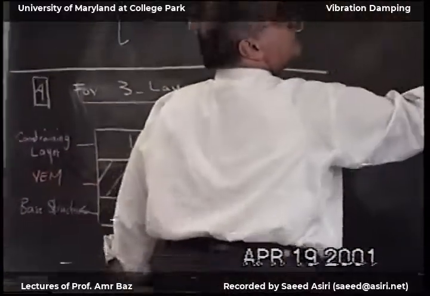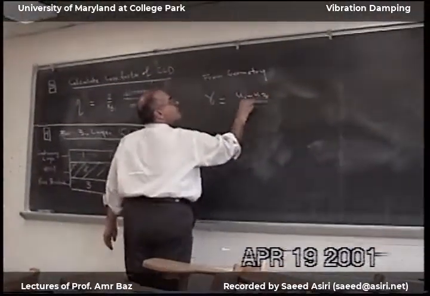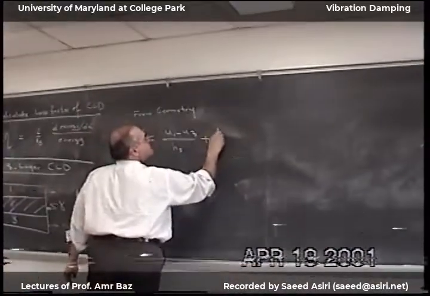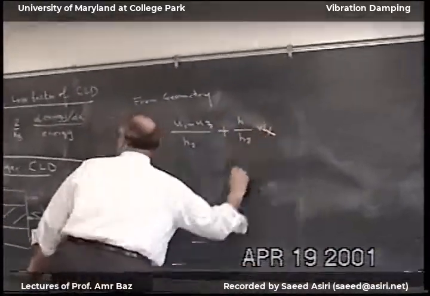We wrote down that gamma will equal U1 minus U3 over H2, plus H over H2, W_x.